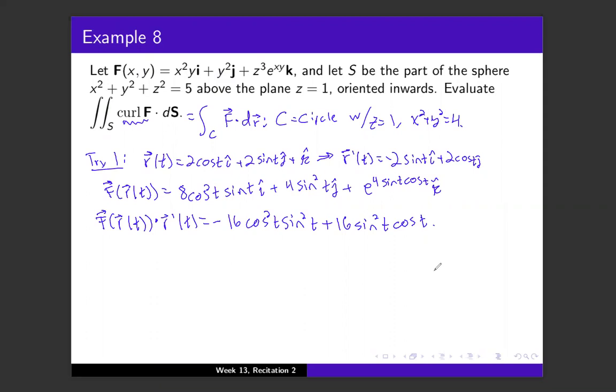Now that's not terrible, but it's not really great either. It doesn't really give us what we want. And if you try calculating that, 0 to 2 pi, should it be 16? No, it should be 8. That should have been an 8 over there, not a 16.